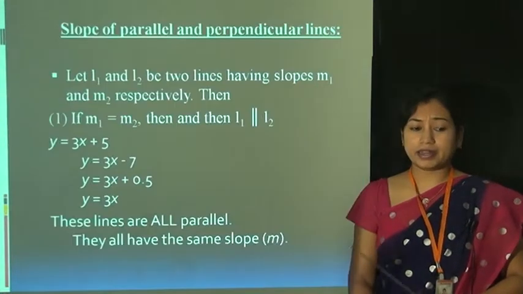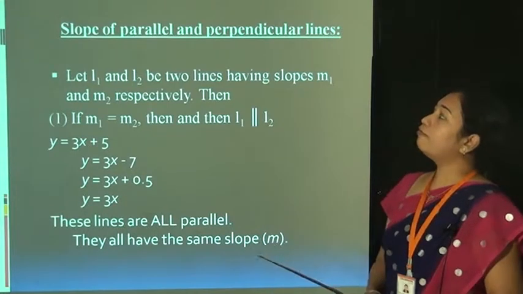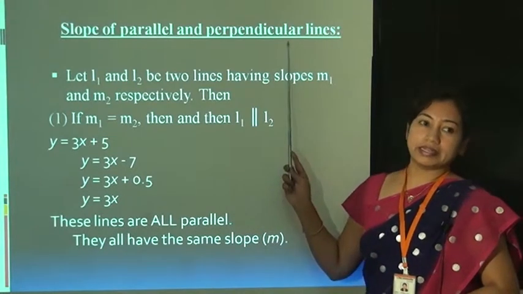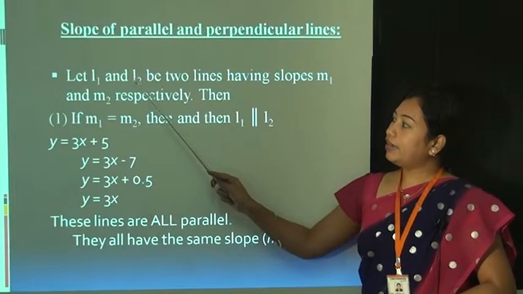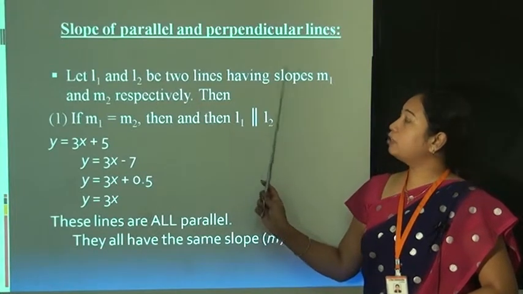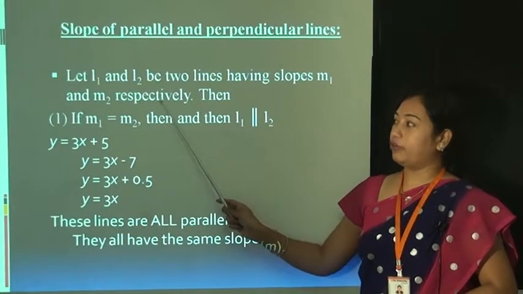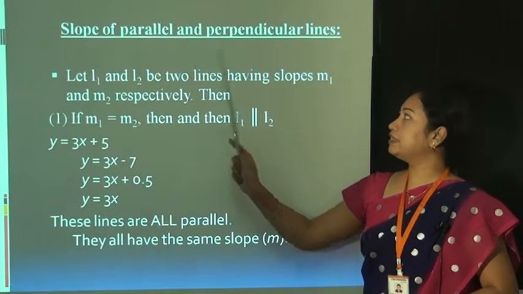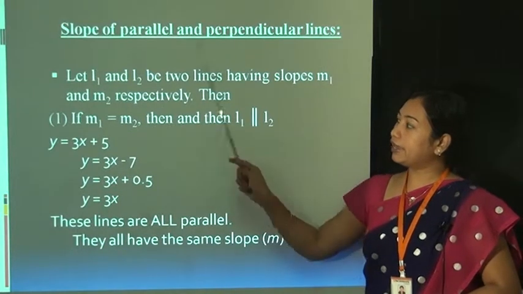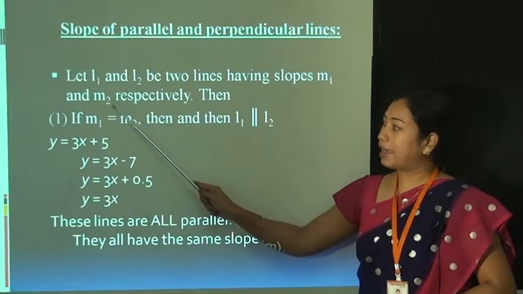Now let's take next point. Slope of parallel and perpendicular lines. Here, let L1 and L2 be two lines having slope m1 and m2 respectively. That means one line है जिसके slope को हमने m1 से denote किया है and line 2 has slope m2.